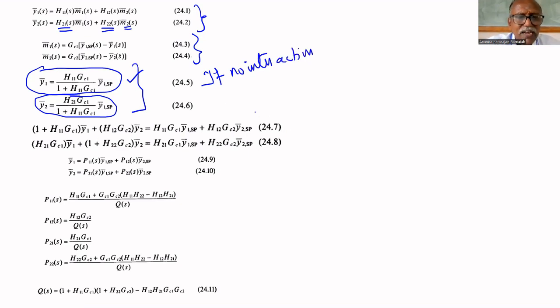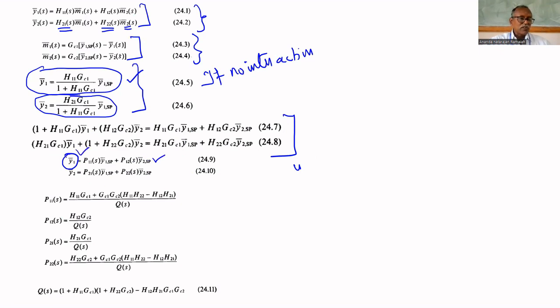If interaction is there, if you substitute these two equations in the first two equations, you will get this 7 and 8 equation. And if you find the transfer function, the expression for y1 equal to p11 y1 set point plus p12 y2 set point, because change in set point 2 also will affect y1.